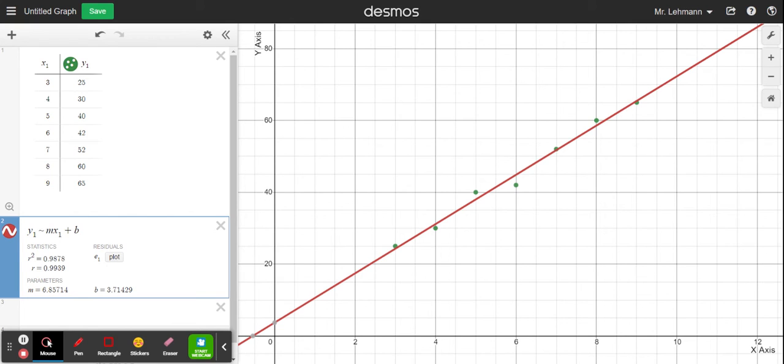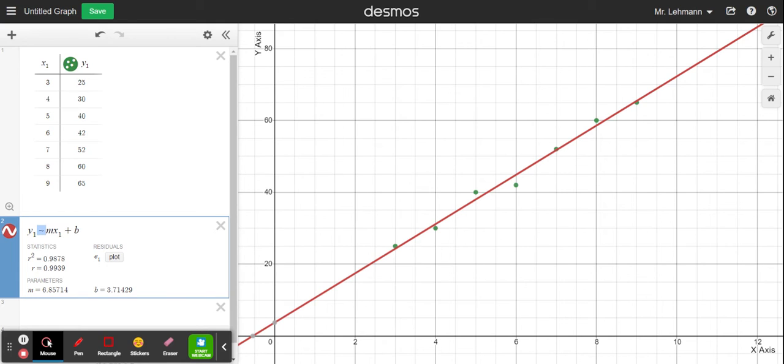Okay. So what I typed in was y equals mx plus b. I used that little symbol there, which is found in the top left of your keyboard, and it tells Desmos that you're looking at this data, and that you want to draw a line of best fit.